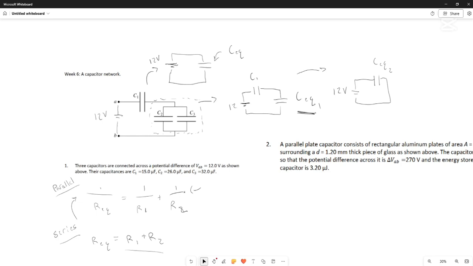Capacitors are the exact opposite, which is related to the definition of capacitance as the charge on the plate divided by the potential difference between the plates. So if we want to get an equivalent capacitance for two capacitors in parallel, capacitors add in parallel like resistors do in series.